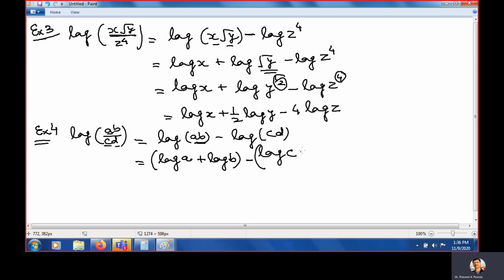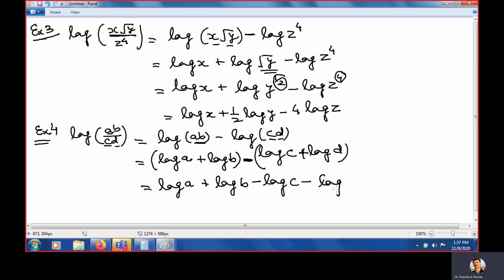Put them in brackets: log C plus log D. So we use the property of logarithmic function, that product means plus. Now there is a negative outside. Now open the bracket. Log A, because plus here, no problem. Log A plus log B. But here is minus, so the inside functions will change into minus.